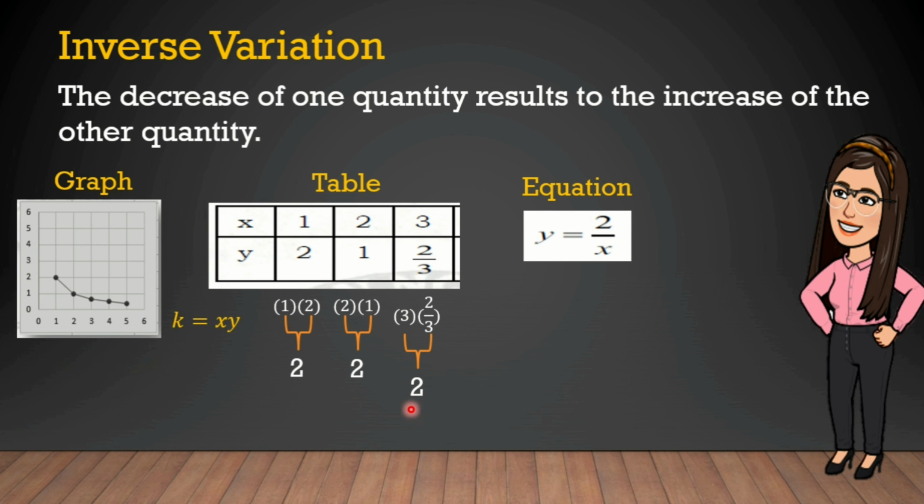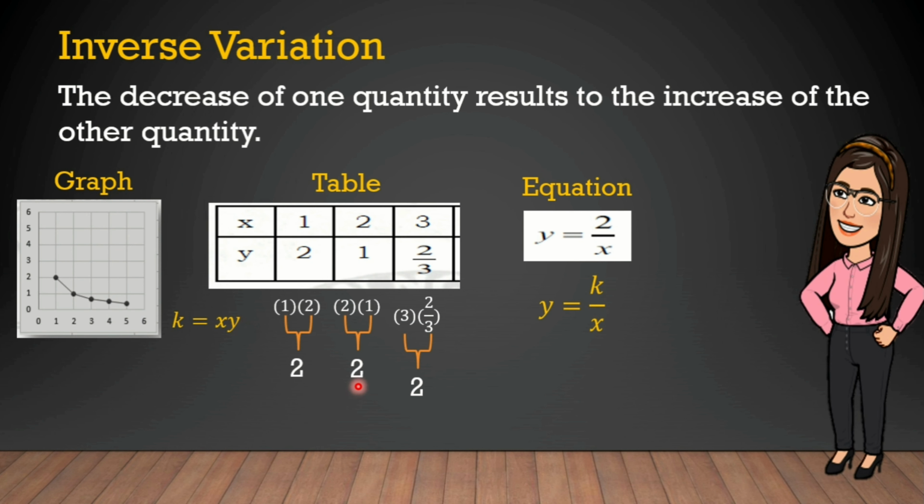Okay, so sa case namang ito, ang equation of variation naman dito ay y is equals to 2 divided by x. This is based from the formula of inverse variation, y is equals to k divided by x, where 2 is the constant of variation or constant of proportionality. At nakita natin ang value nito gamit ang formulang k is equals to x times y.